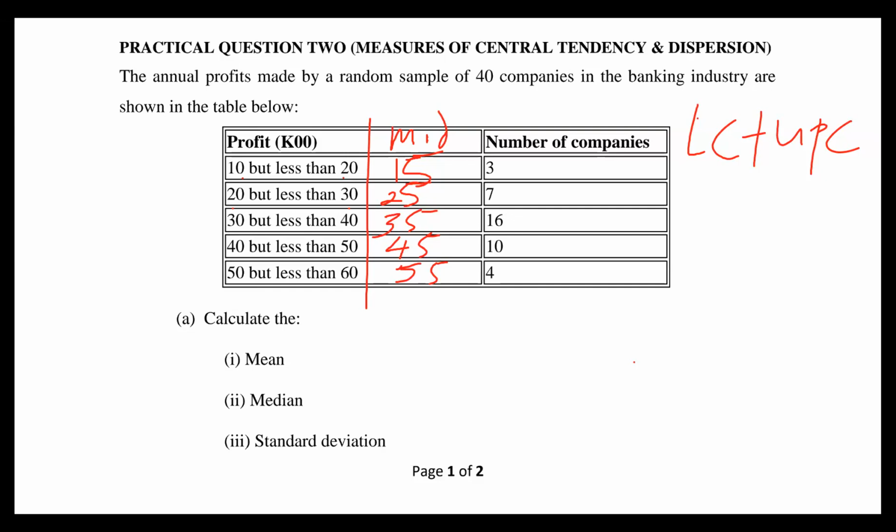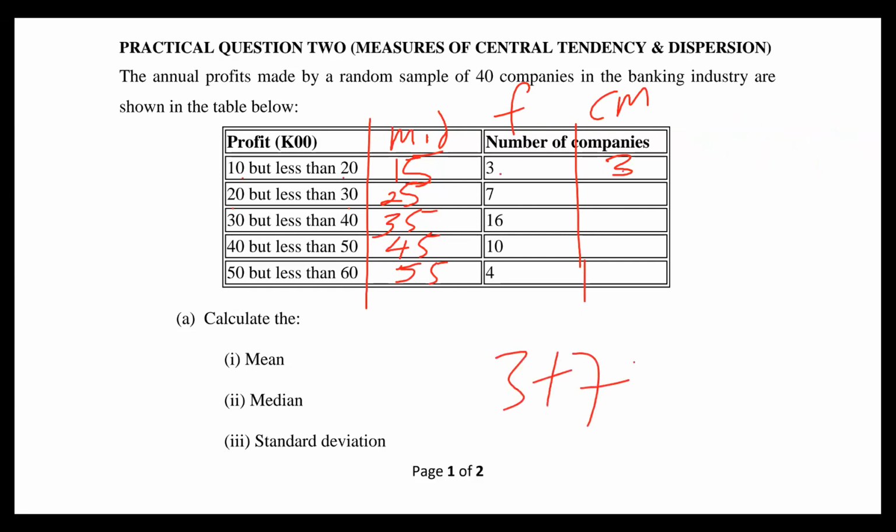Then on this side where we have frequency, we can find the cumulative frequency. To find the cumulative frequency, you start with the first frequency that you already have here. Then you start adding the frequencies. 3 plus 7 gives us 10.